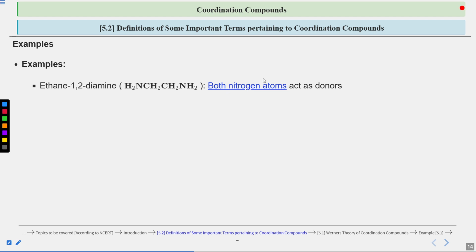Both nitrogen atoms act as donors, one at the leftmost side and one at the rightmost side of the structure of the ligand ethane-1,2-diamine. Both nitrogens present in the structure can bond with the central metal atom or ion to form the coordination compound. So both nitrogen atoms act as donors, and that's why it comes under the examples of bidentate ligands.